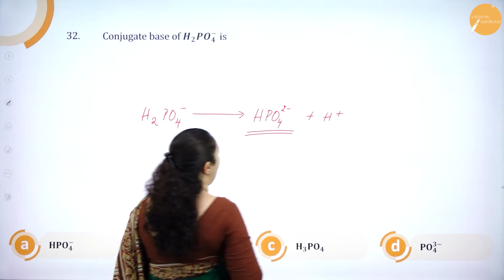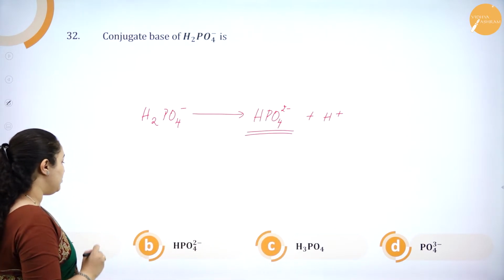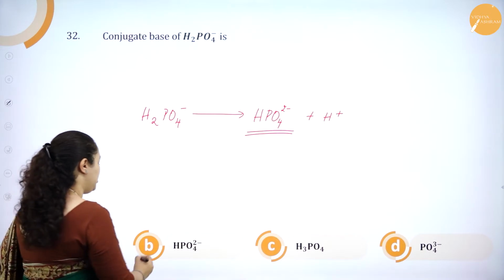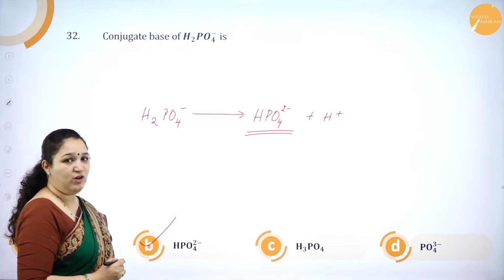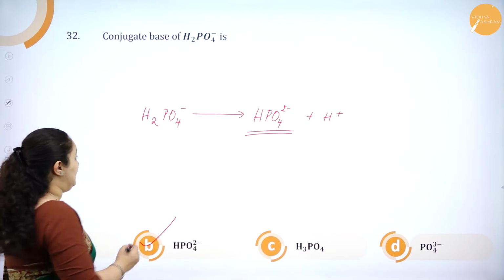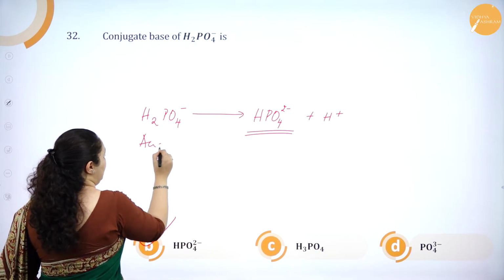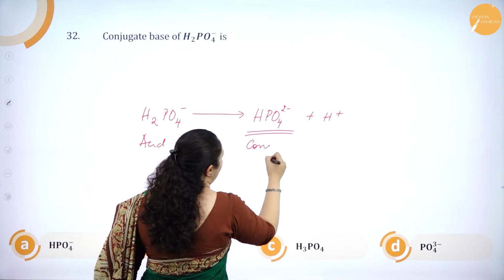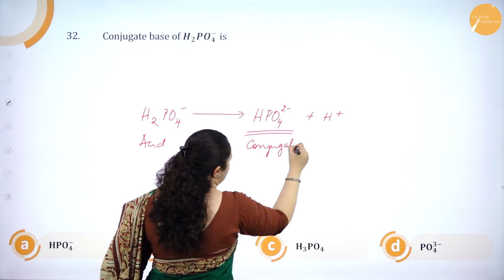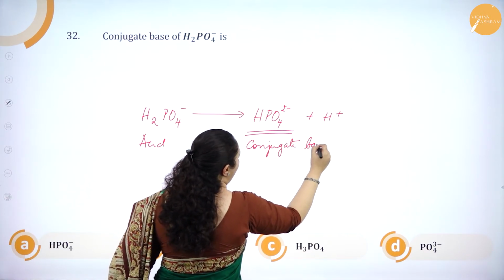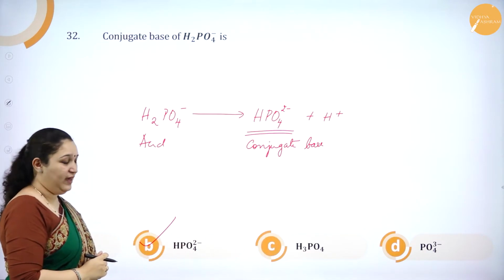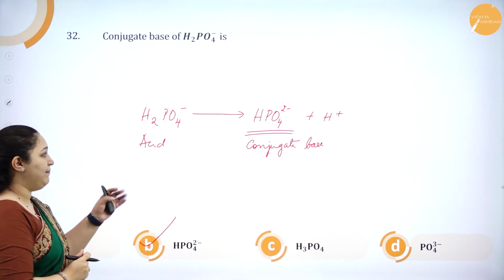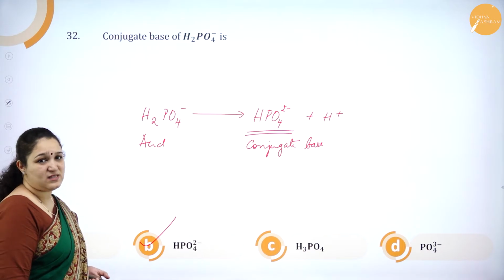So this is the conjugate base. So which is the correct answer? Option B, HPO4 2 minus. This should be an acid. That's why it is losing one H plus ion to form a conjugate base. So I hope I am clear. Okay. None of the other options will match our answer.